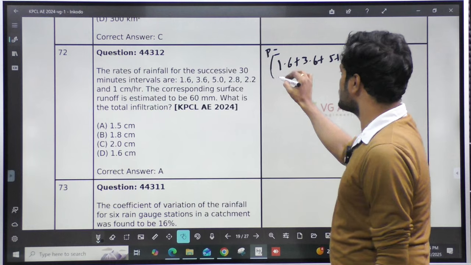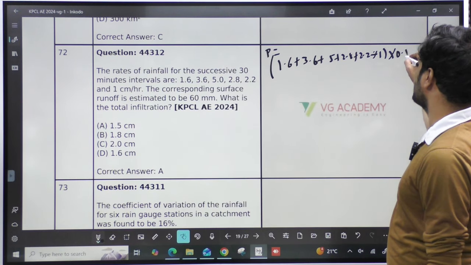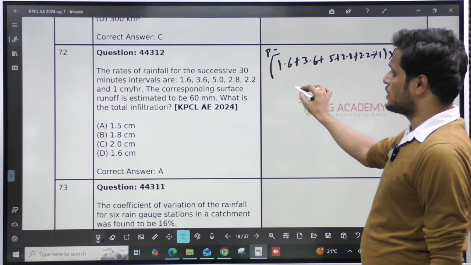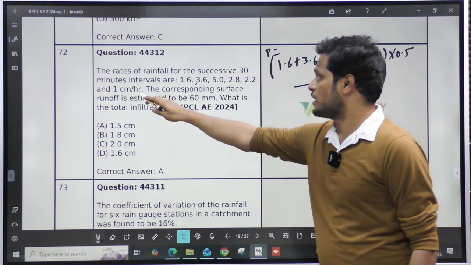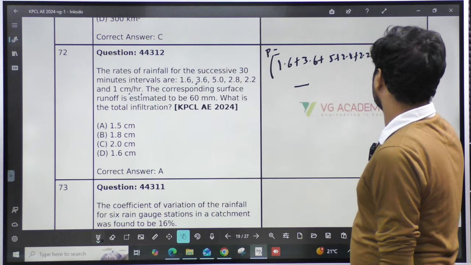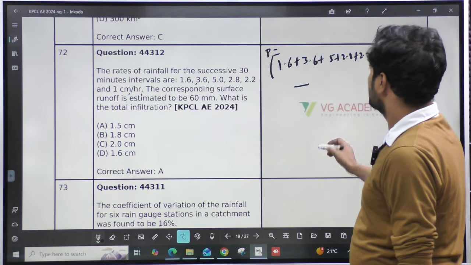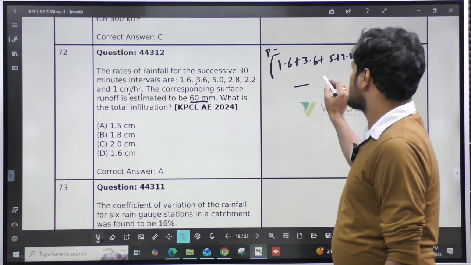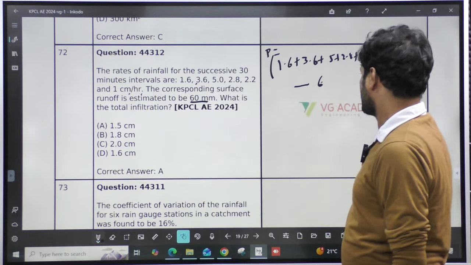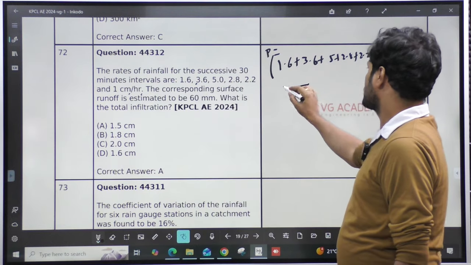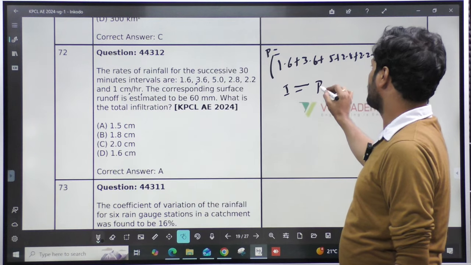So this is intensity, so we have to multiply with the time to get the total precipitation. In this, if you remove the runoff, this is in centimeter per hour, so I multiplied 0.5 hours minus runoff 6. So this should be the infiltration. So infiltration is equal to P minus runoff.